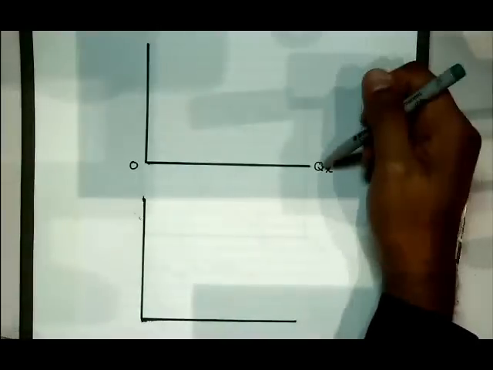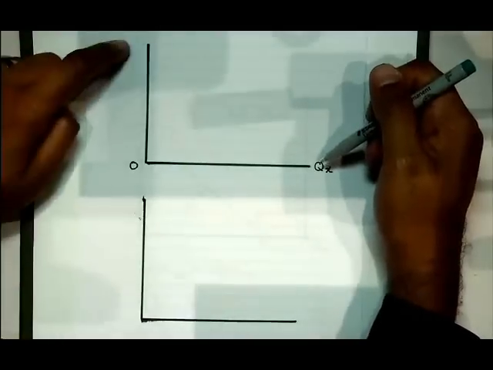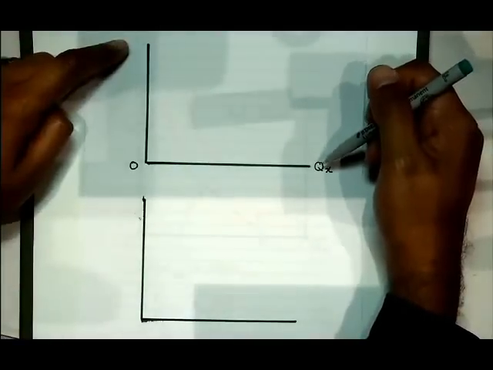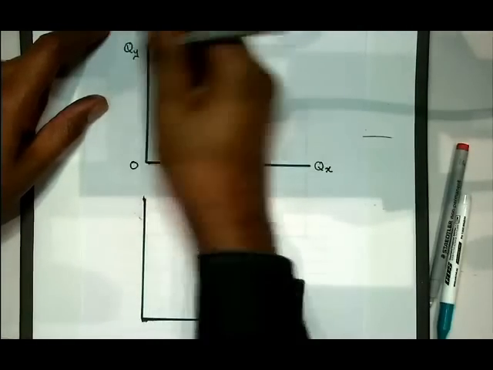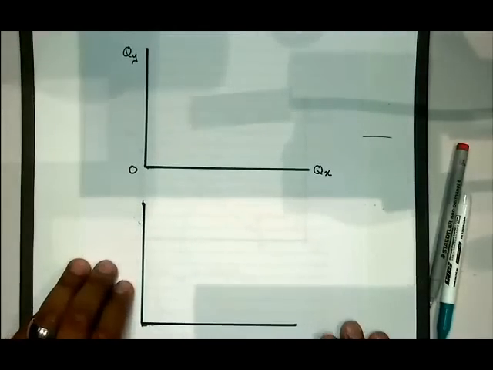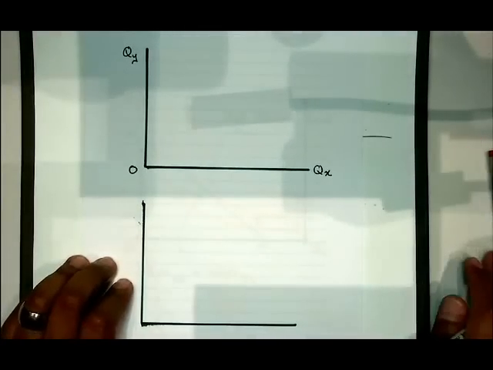If I'm drawing in different scales, what's the y-axis? That's Qx, so the y-axis is Qy. In different scales is always two different goods.